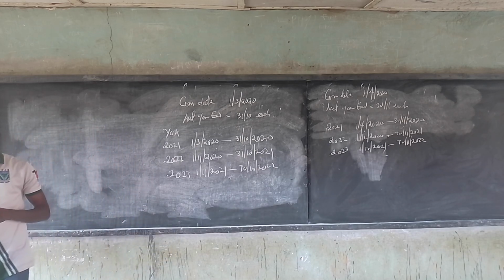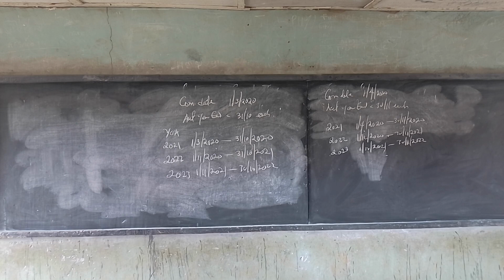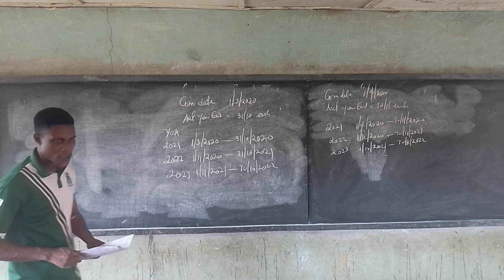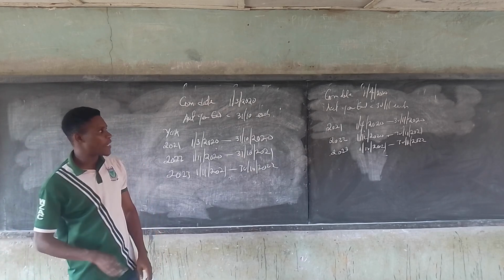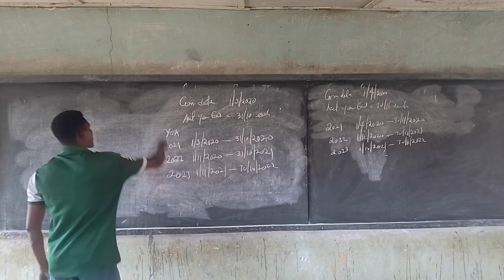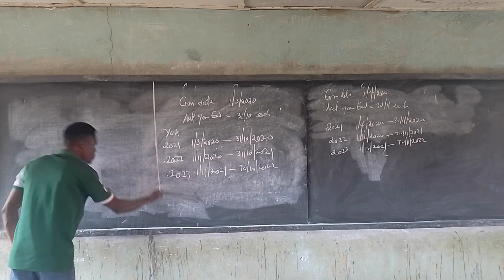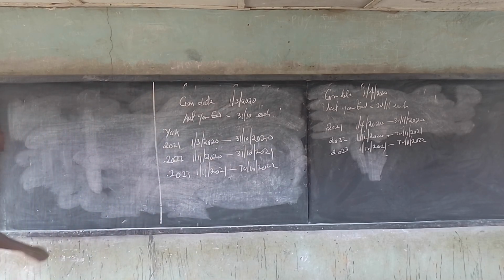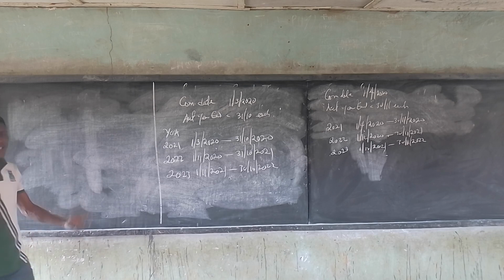Now, ascertainment of the end of the first accounting period. Please pay attention to this clause. Sometimes a company will commence business and will not submit their financials, like what I said last time.